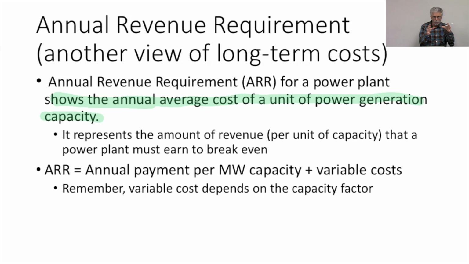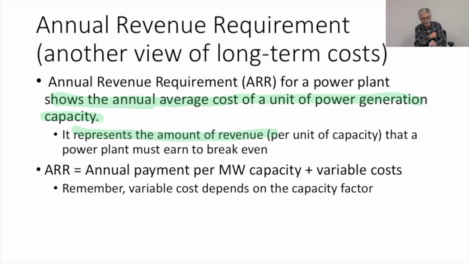So I've got a 500 megawatt capacity plant I'm thinking about building. What I want to know is, for each megawatt I'm going to put in place, how much money does it have to make each year in order to make it worth building?